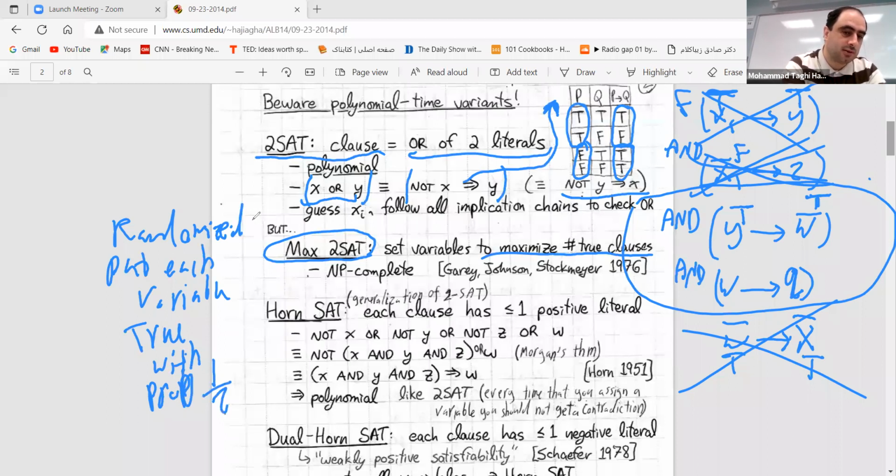So this is the randomized algorithm. Each variable, you set equal to true with probability half. Then how many clauses can you satisfy?